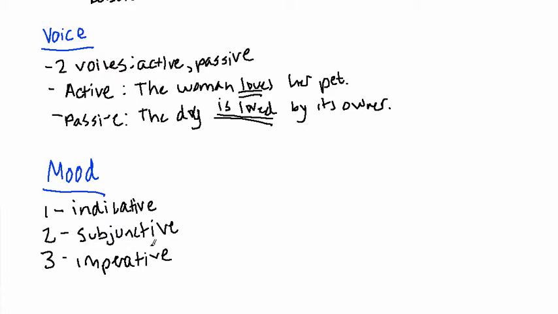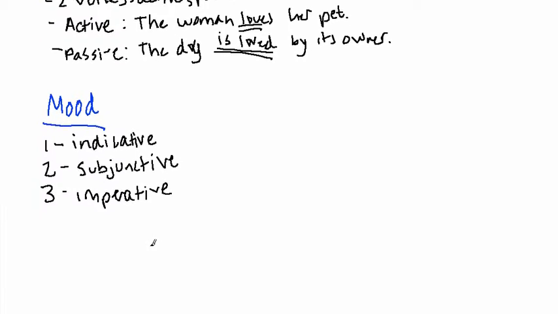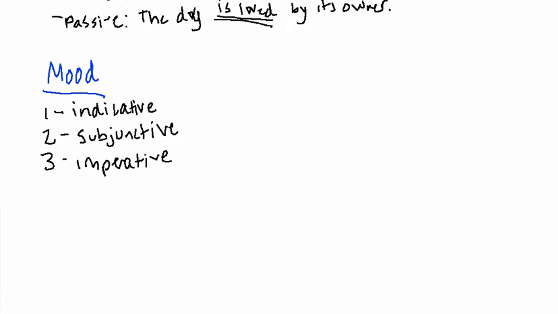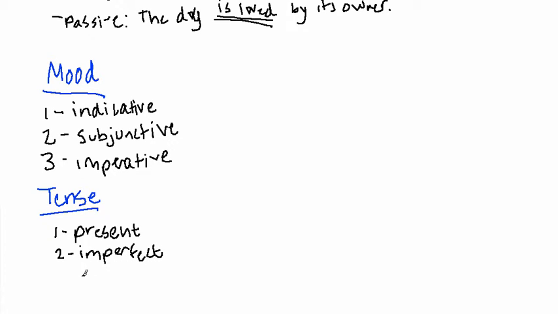Okay, so that brings us to the third of our five characteristics, tense. The tense of a verb indicates when something happens, and there are 6 different tenses, and I'll list them now. Present, which is obviously currently happening. Imperfect, which happened in the past and was continuously happening in the past.